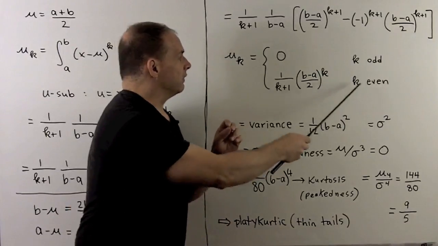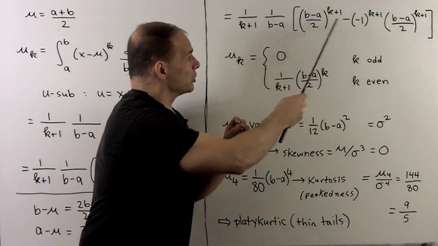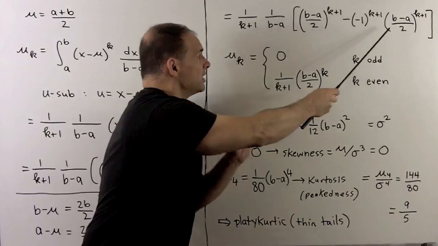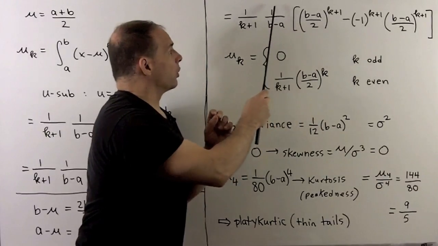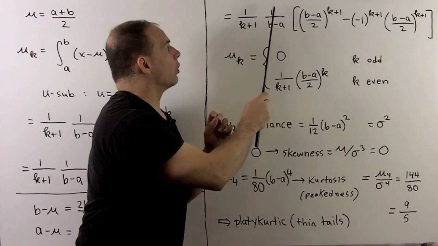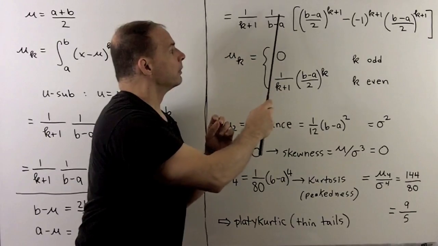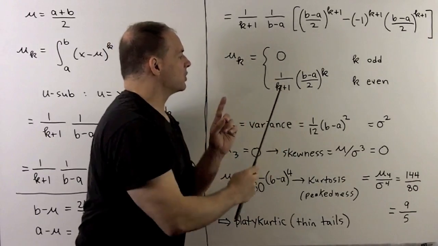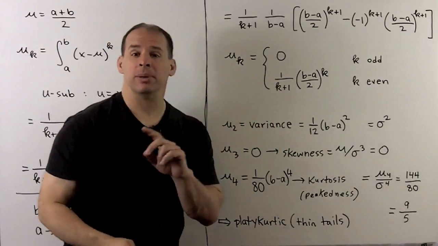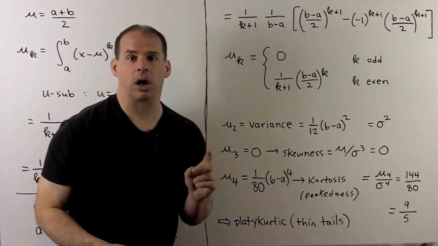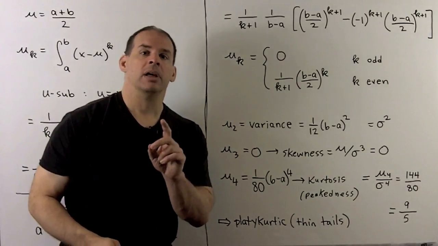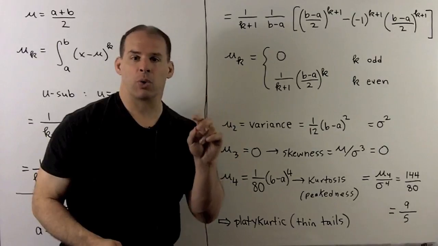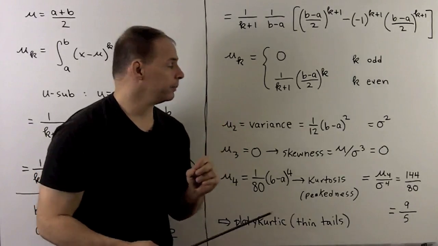If k is even, then we're just going to take the sum of these, so we'll have twice that. That 2 is going to go here to give us (b minus a) over 2 flipped over. So I'll cancel one of these to give us 1 over k plus 1, times ((b minus a) over 2) to the kth power. Now, let's check this against the first 4 moments of interest.